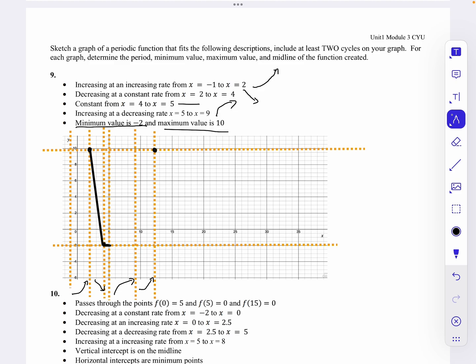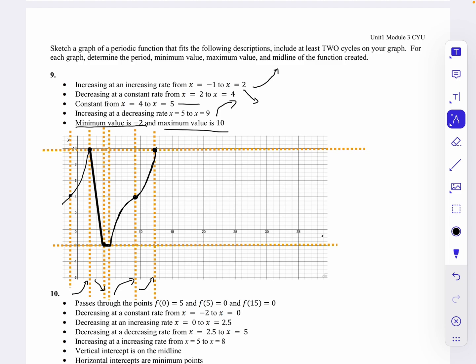This one starts low. And so basically, between these two dotted lines, I'm going to be increasing at a decreasing rate and then increasing at an increasing rate. And so you'll notice I have a point of inflection right here at 4. And then the matter is just repeating your process on the other sides of your graph.